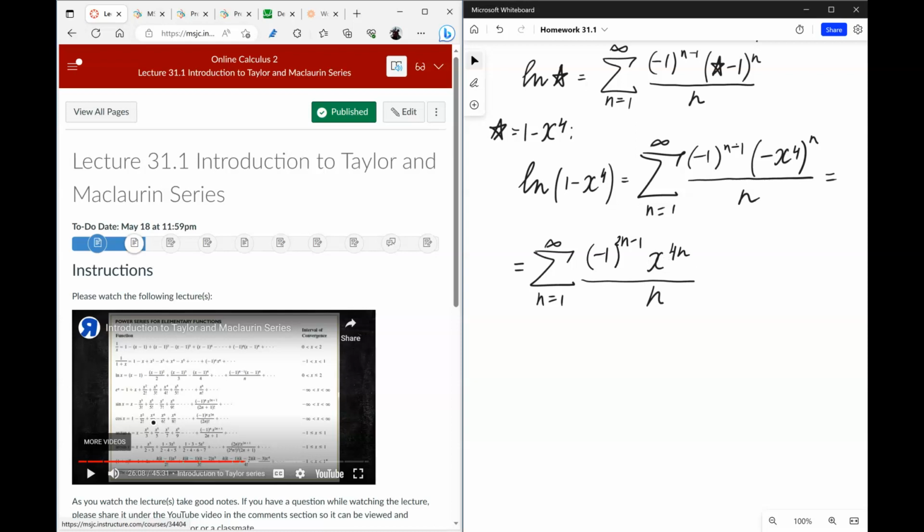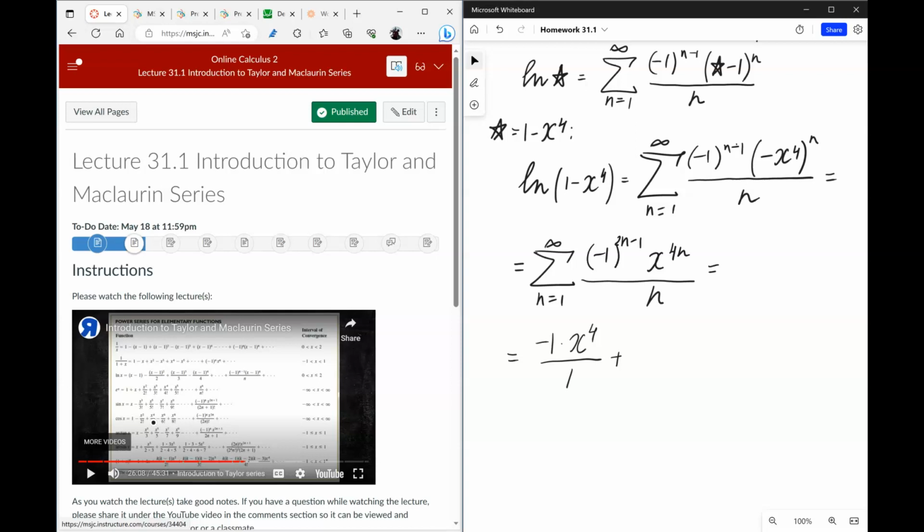And now we're going to write the first 4 terms. So when n is equal to 1, we'll have negative 1 times x to the power 4 divided by 1. When n equals 2, we'll get... Actually, here's something interesting going on here.